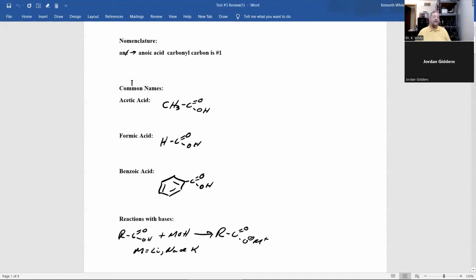Now, there are 3 common names, or 2 common and 1 actually common/IUPAC, I asked you to learn. Acetic acid is when our group is a methyl. Anybody happen to pick up a bottle of vinegar and say, aha, it has acetic acid in it, and that's a carboxylic acid? Vinegar has acetic acid in it.